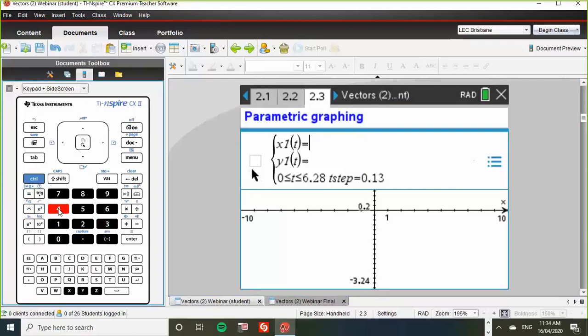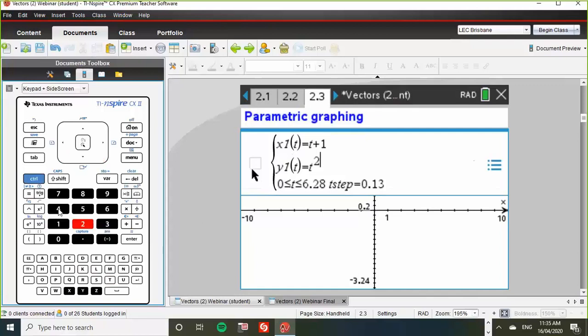It's no longer f1 of x equals. It is offering us to put in the parametric equation for x in terms of t and the parametric equation for y in terms of t. So what we'll do is we'll say that x1 of t is t plus 1, and then down arrow, and then y1 of t is t squared plus 2t.